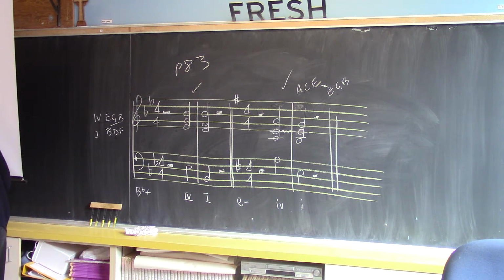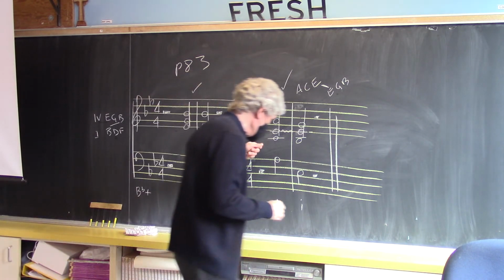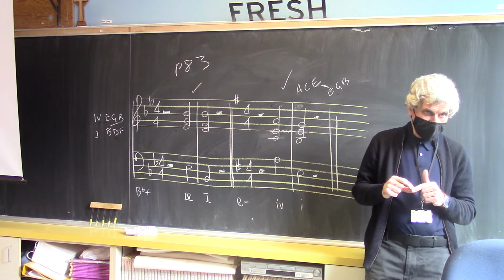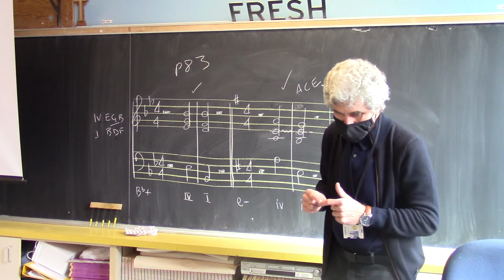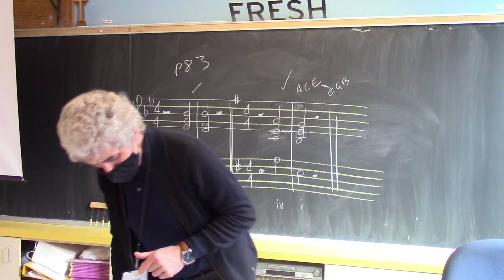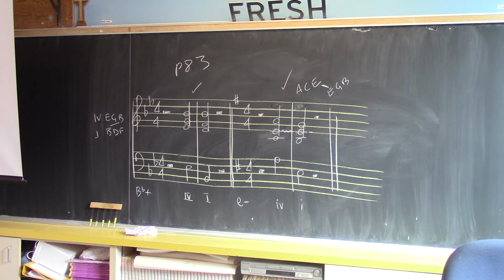All right. Now, when you're dealing with minor keys, I always used to tell the little guys, as soon as you're talking about a minor key, a little bell should go off in your head because you need to raise the leading note.